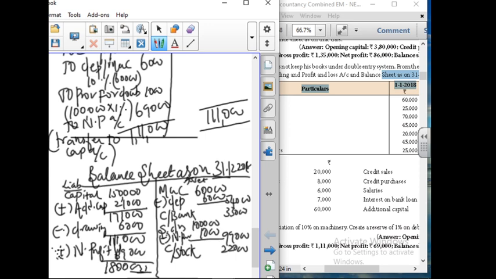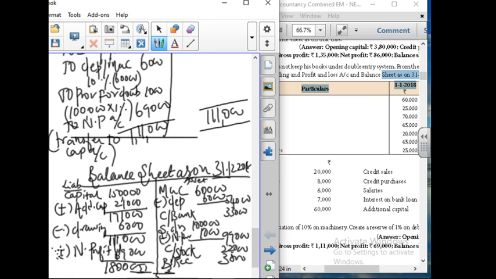I think we have posted. No. Bills receivable is there. So just make a note. I am writing it here, but we have to post it before bills receivable. It is 3,800. So before tallying the balance sheet, just check whether we have posted all the information in the balance sheet.